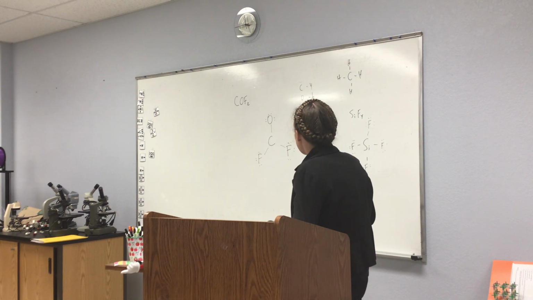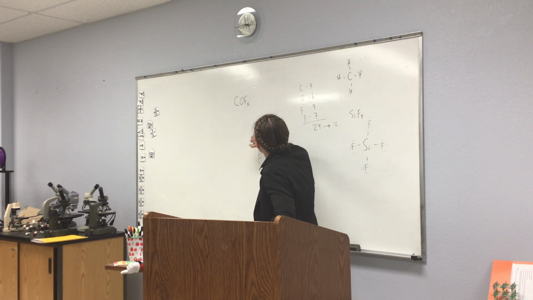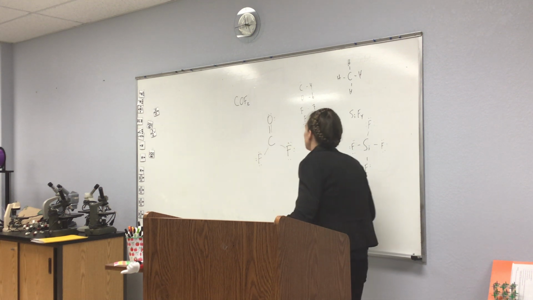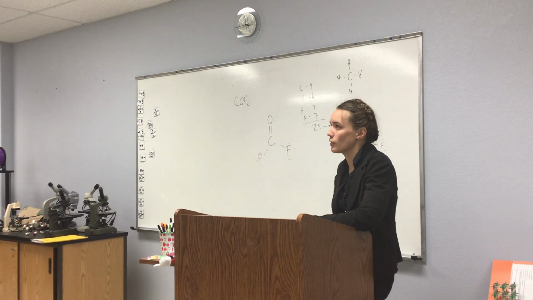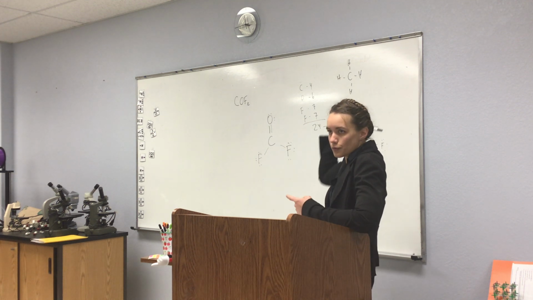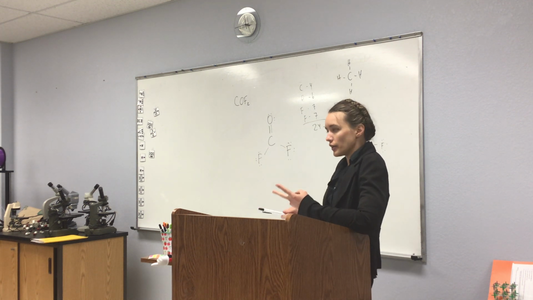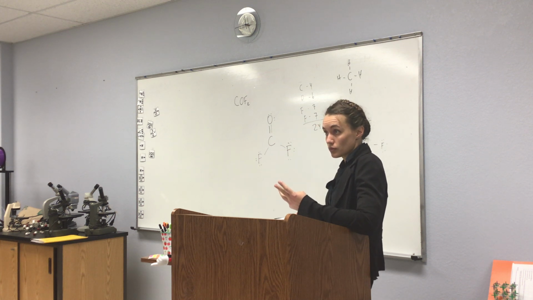For reasons that are beyond the scope of this course, oxygen is more likely to form the double bond. For the purposes of the test, there may be some problems in which you're given a formula and asked to find the Lewis structure, the molecular shape, and identify whether the molecule is polar.